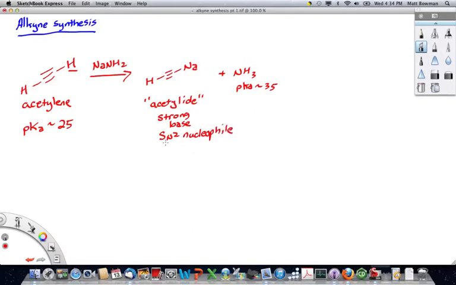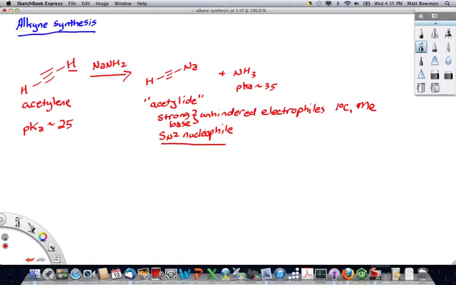Since this is an SN2 nucleophile, you can use it in SN2 reactions. However, since it's a strong base, you have to use unhindered electrophiles. So typically, primary carbons, methyl groups, or groups where E2 is not a possibility.